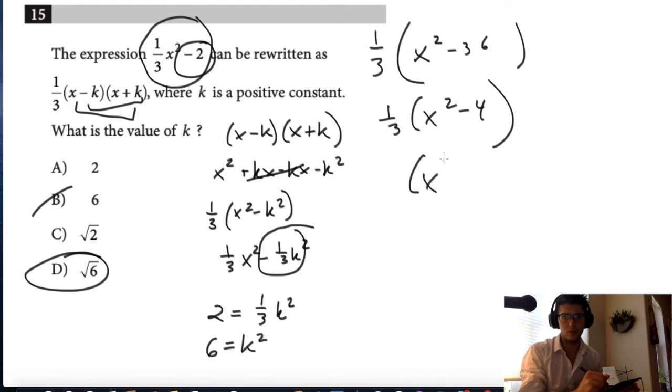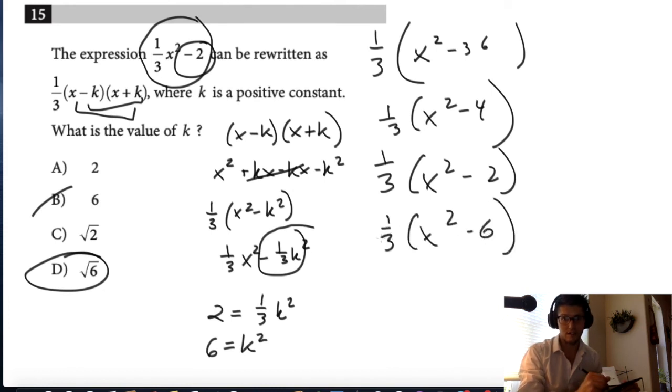If I try out √2, it's going to give me a 2, and that's not going to work. If I try out √6, it's going to give me a 6 when I do the math here. That is, if I try out these answer choices in the place of k, because of the difference of squares, you're just going to end up with this guy, x squared minus k squared. So whatever our value of k is, it just ends up here when it's squared.